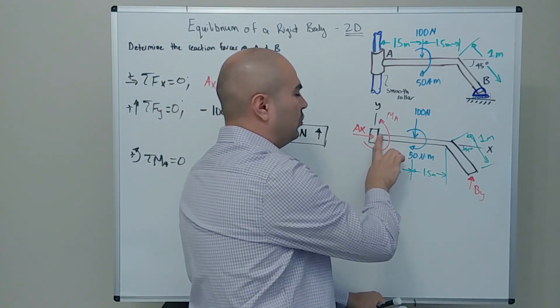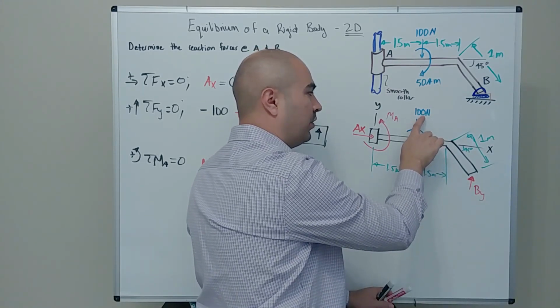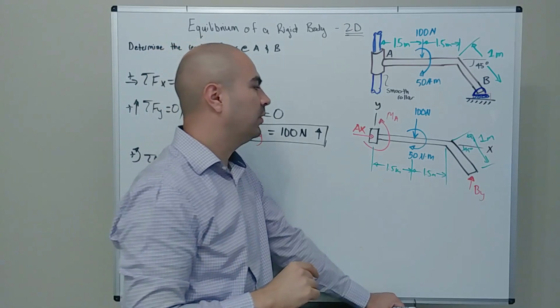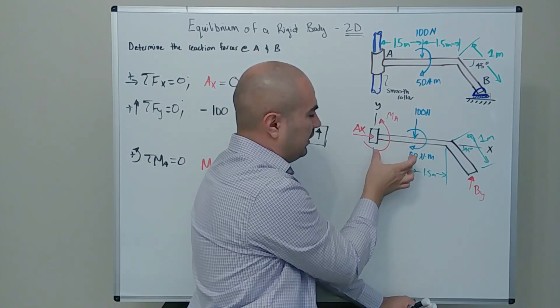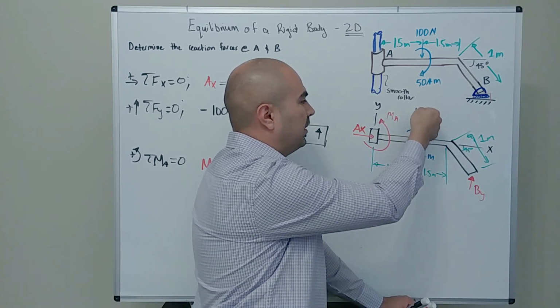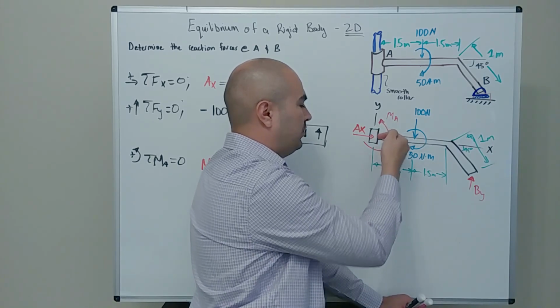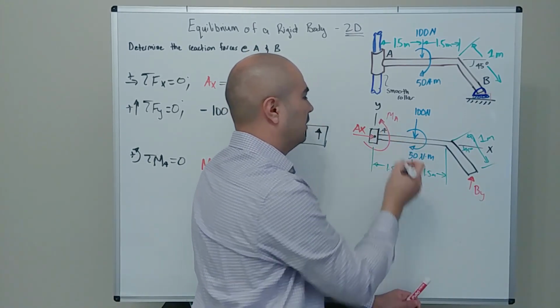Next, as I continue to sweep, I got two: a force and a moment. Let's take care of the force first. If the force is 100, and it's at a distance of 1.5 meters, it's going to generate a moment. This force does not pass through point A. Point A is here, by the way.